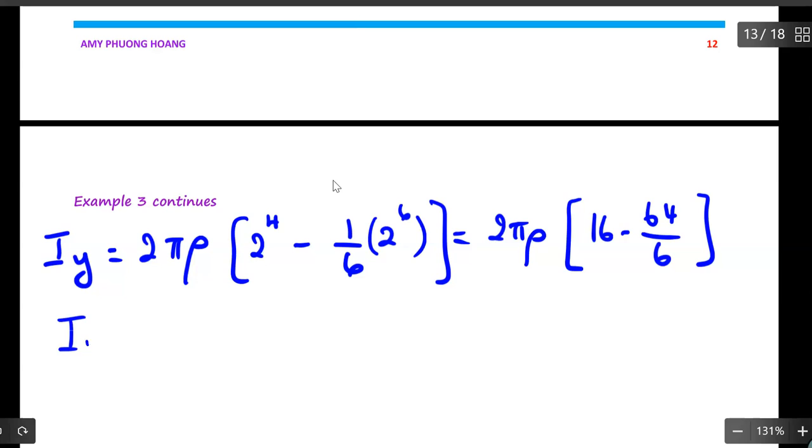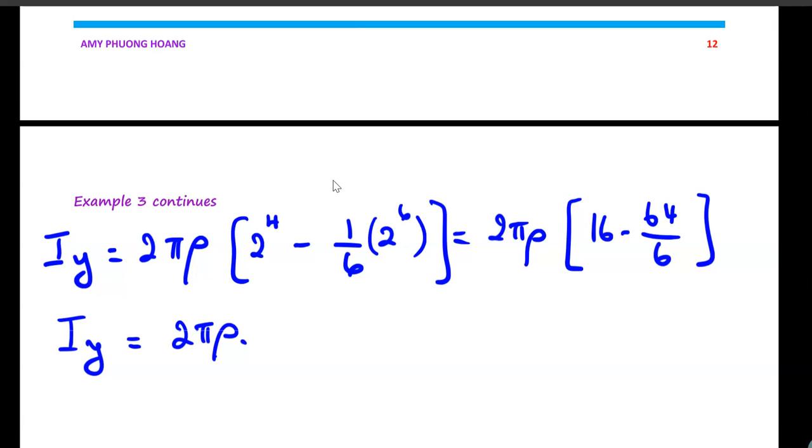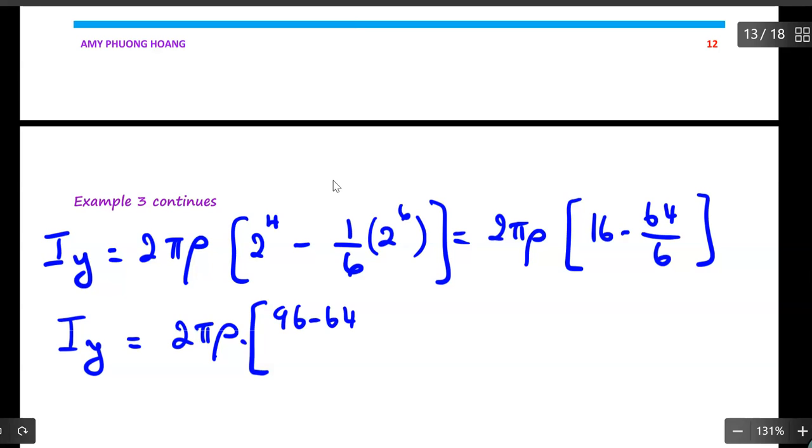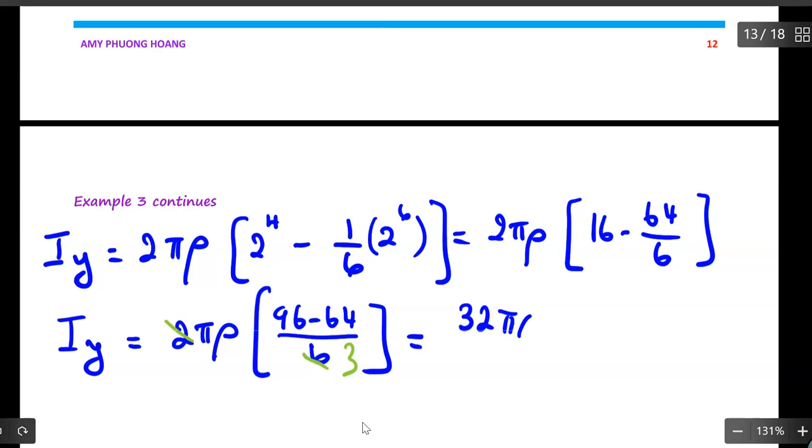Therefore, it should be 2 pi rho times 96 minus 64 over 6. It's easier to use a calculator if you can, just go ahead and use your calculator and figure this out. But what I'm going to do is simplify the 2 with that, and I should have a 3. Then I should have 32 pi rho divided by 3 as my Iy.